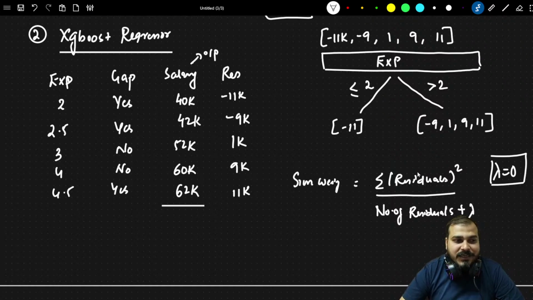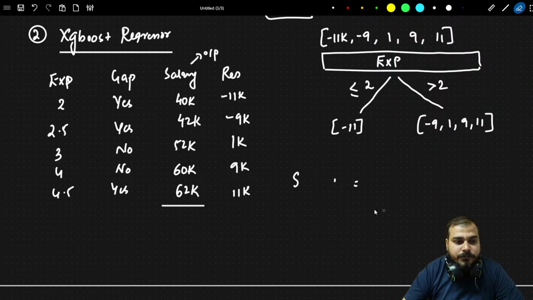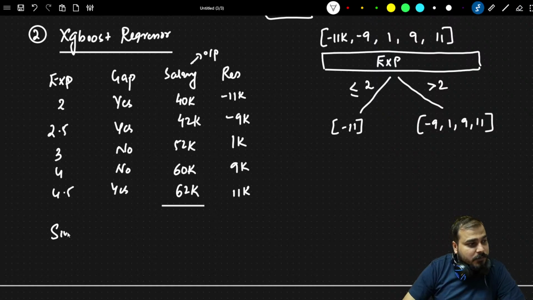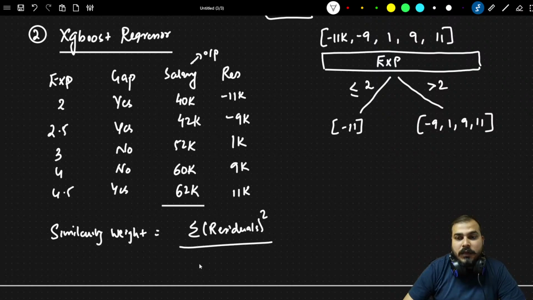So let's see how this gets applied for the first node. Again, I'm going to write this formula here, it will be better for you. Similarity weight is equal to the summation of residual squared, divided by the number of residuals, plus lambda.